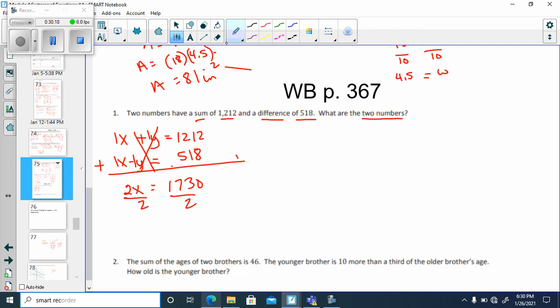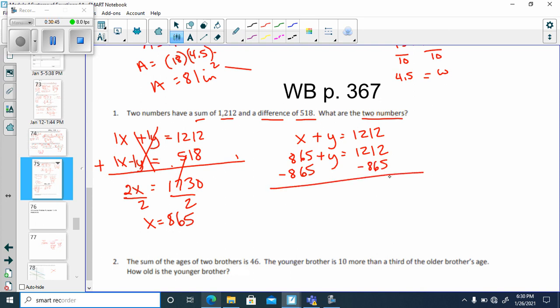You've got 865. X is 865. We need to find the other number. Plug it into one of our original equations. X plus Y is equal to 1,212. If X is 865 plus Y is equal to 1,212, we'd subtract 865 from each side. Y would be equal to 347.